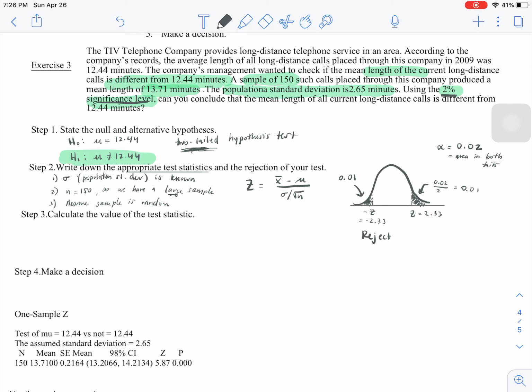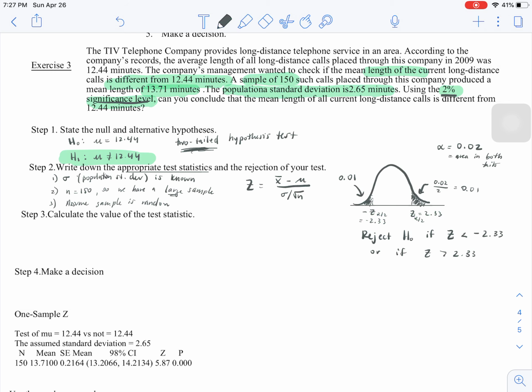So in other words, we reject our null if our test statistic that we calculate here, I'll differentiate these two by writing a subscript for these ones, is less than negative 2.33 or if our test statistic that we calculate is greater than positive 2.33. These values here, 2.33 and negative 2.33, are what we call our critical values. They're the boundaries of our rejection regions.